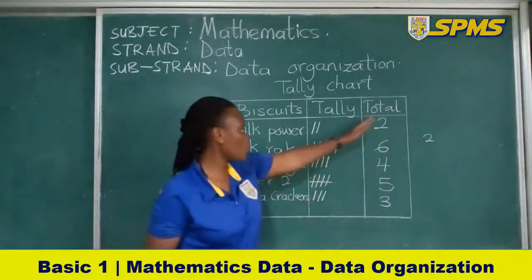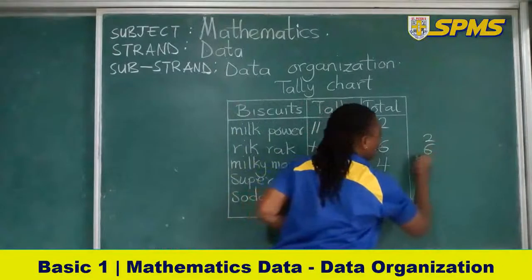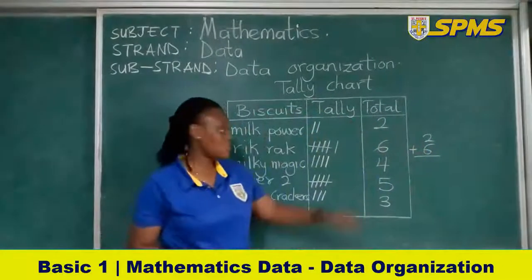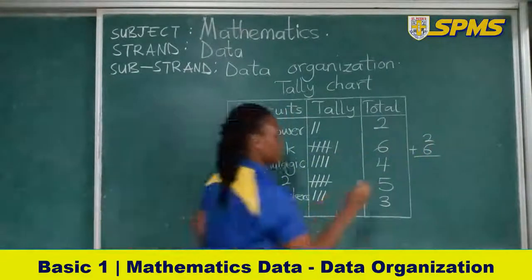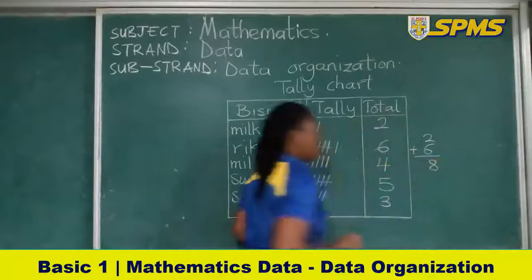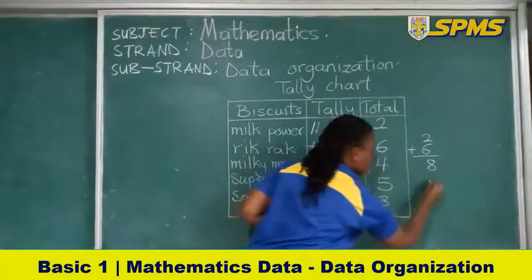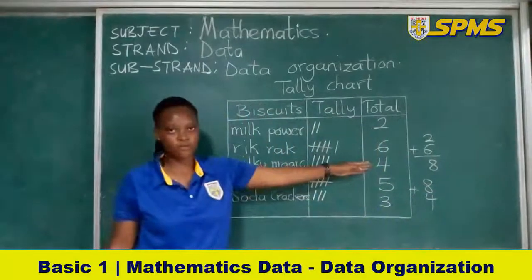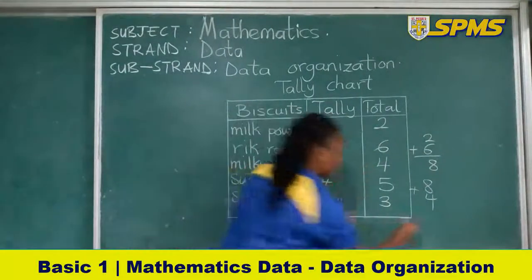So we have 2 plus 6. So 6 plus 2, what do we have? 8. Good. Now our 8 plus this 4. What do we have?